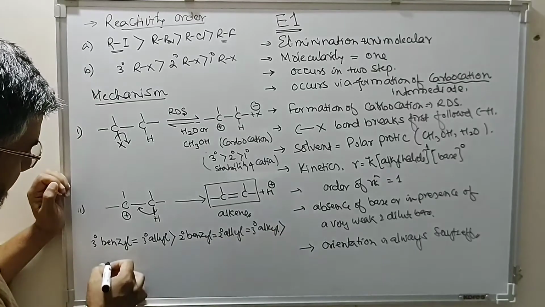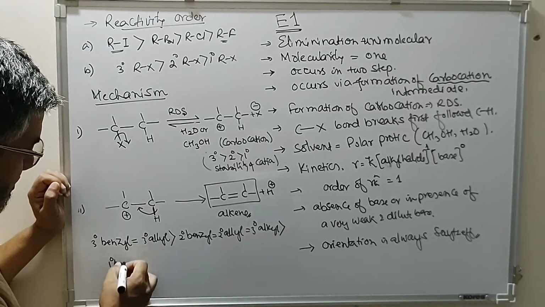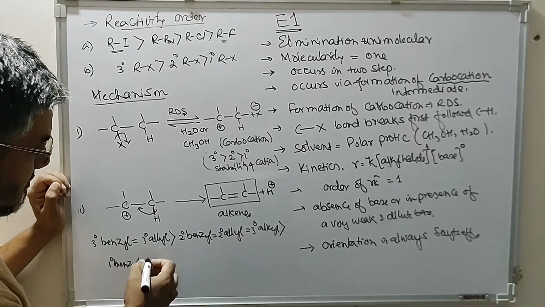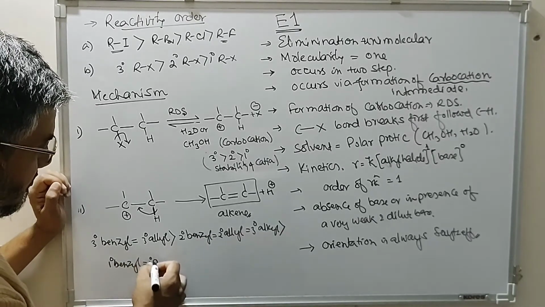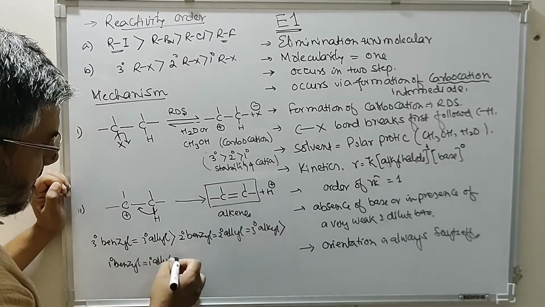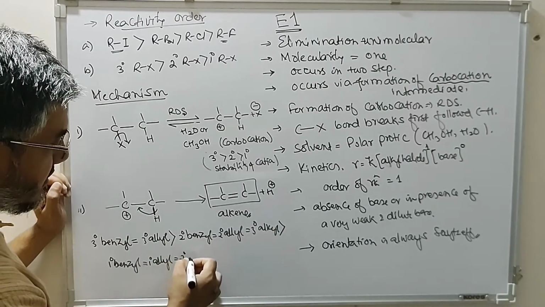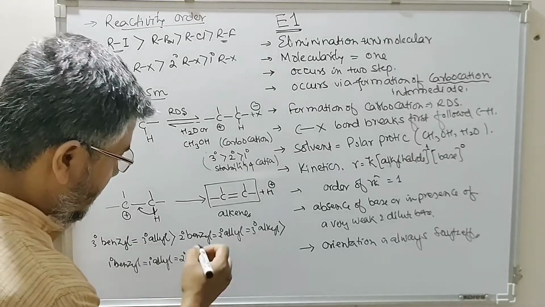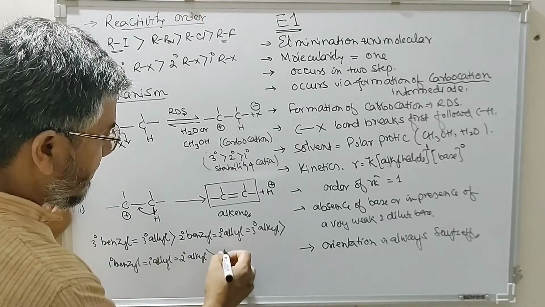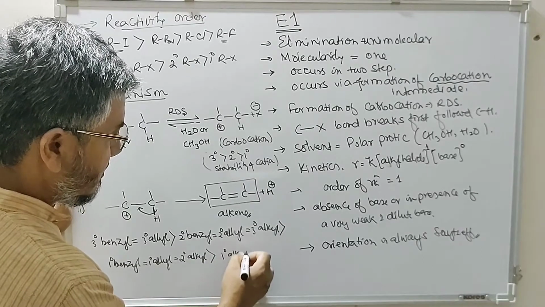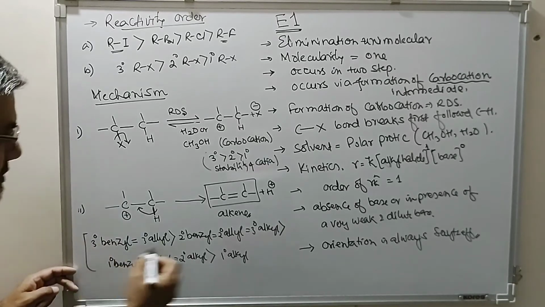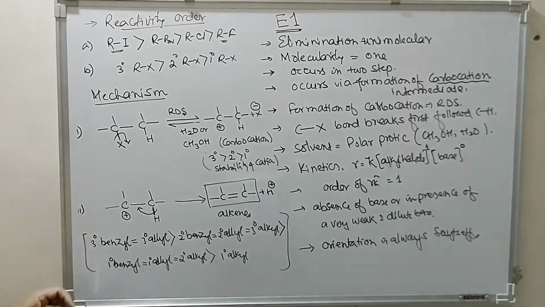Then we have primary benzyl, which is similar in reactivity to primary allyl or secondary alkyl group, followed by primary alkyl group, etc. This is the reactivity order of different alkyl groups.